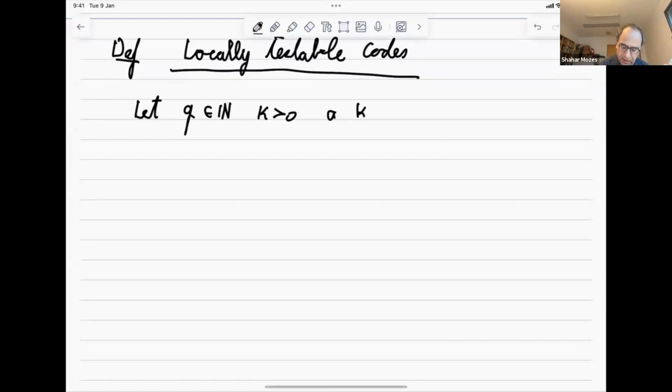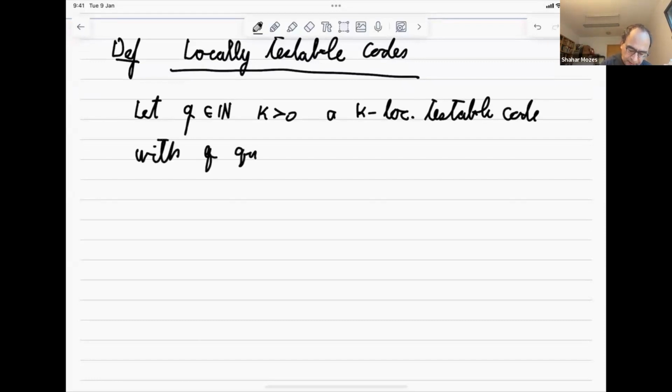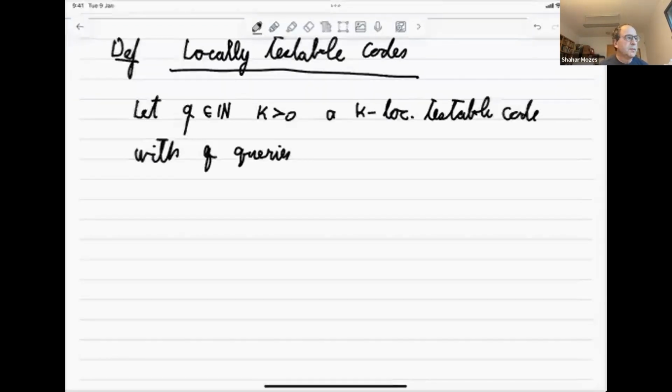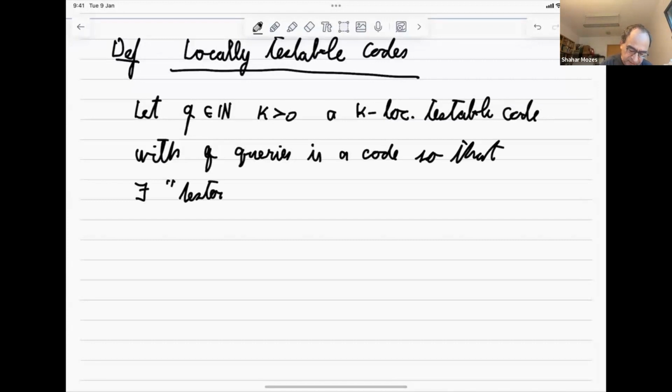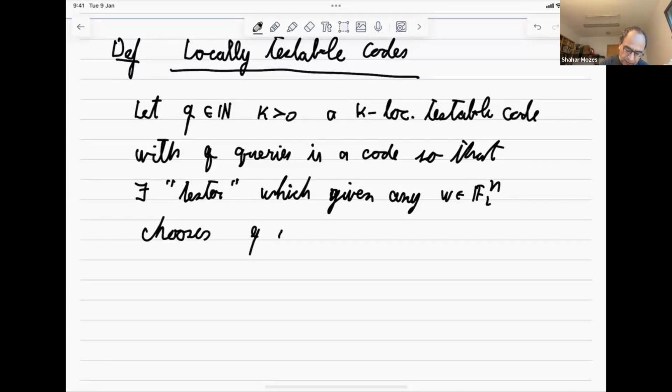And you say a kappa locally testable code with Q queries is a code so that there exists a tester which, when given any word W in F2 to the N, chooses Q bits, or Q places, at random in W, and decides according to that.